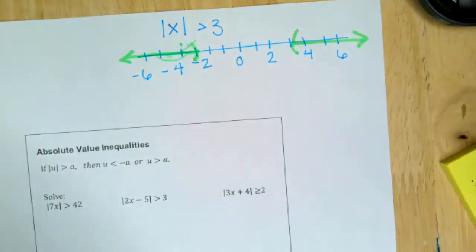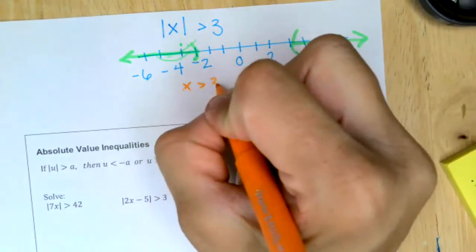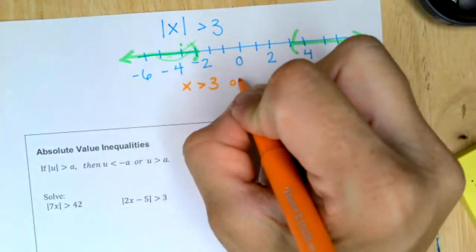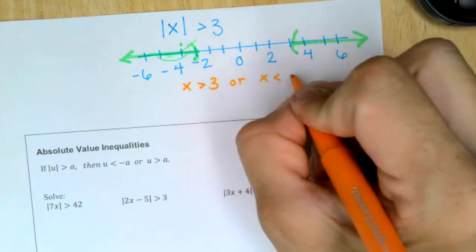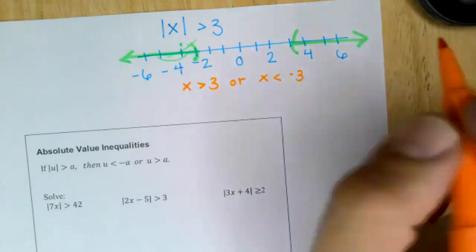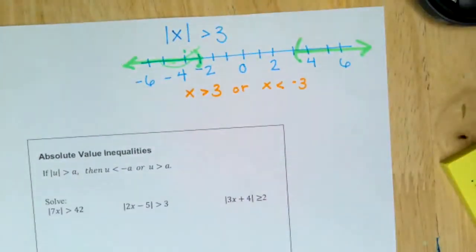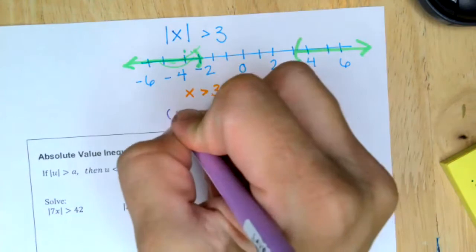Okay, and what it will look like is x is less than -3, or x is greater than 3. Here's the one part that's a bit more difficult when you're writing interval notation.